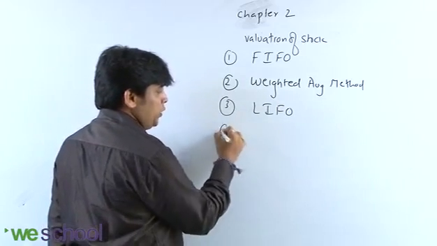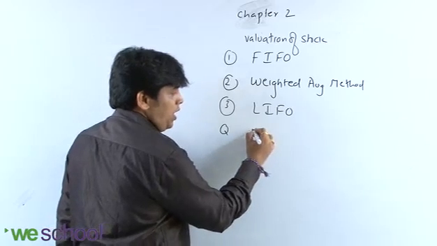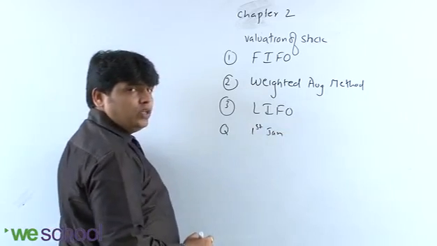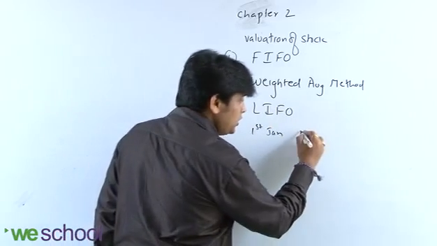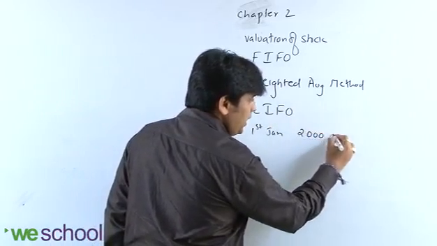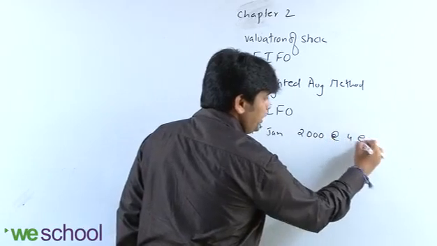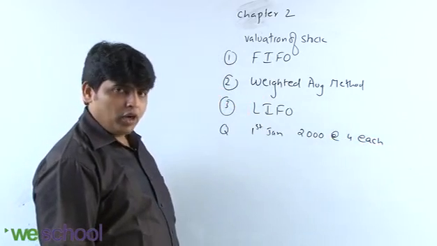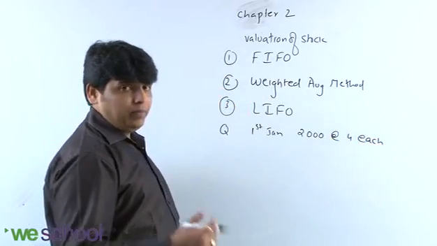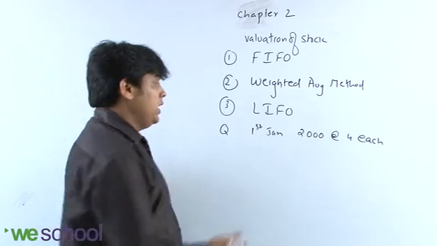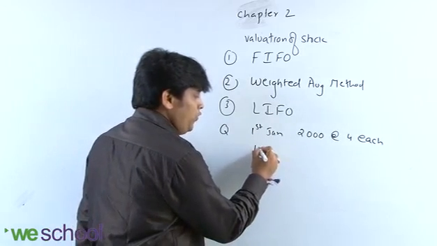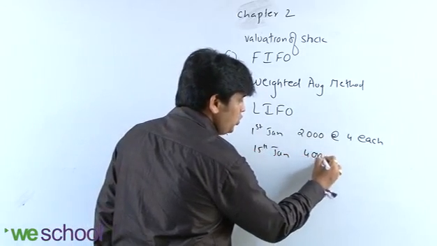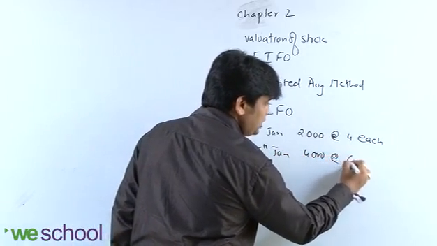My example is, the question is: on 1st January, I purchased 2000 units at the rate of 4 each. Then on 15th January, again I purchased 4000 units at the rate of 6 each.